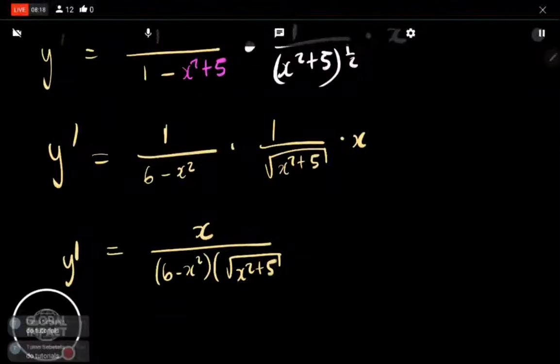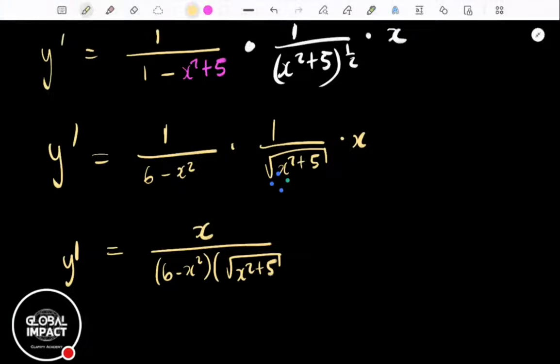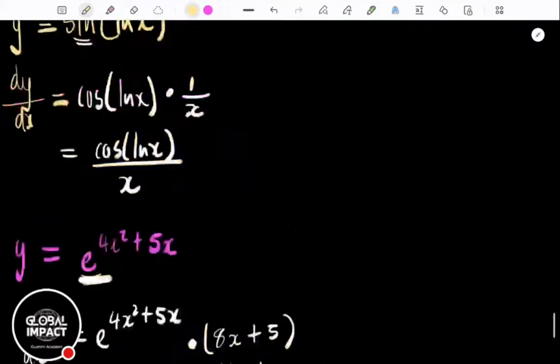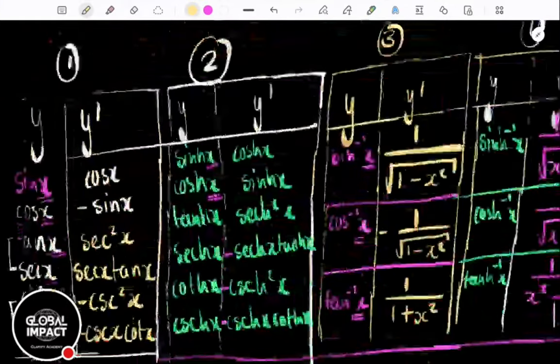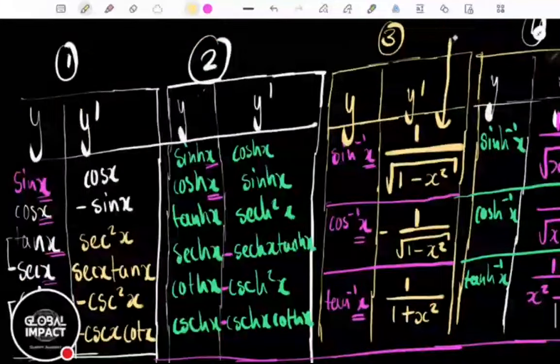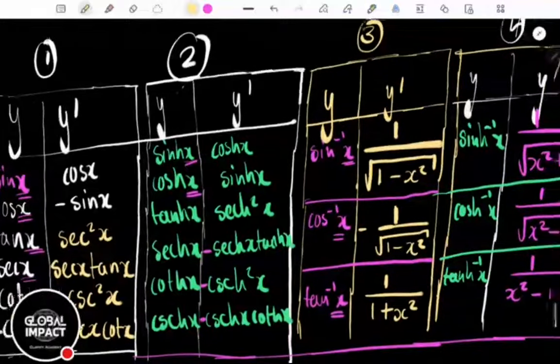Do you see this? Chain rule. If you're not good at this, it's the chain rule which is causing you problems. If you have this table, it will help you to differentiate. The chain rule. Remember to put it.